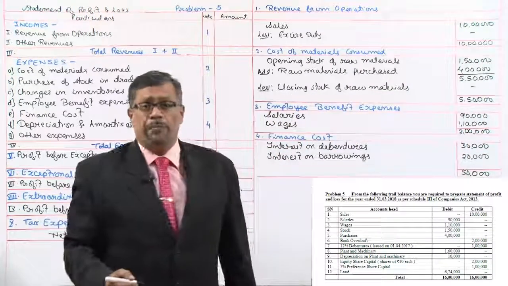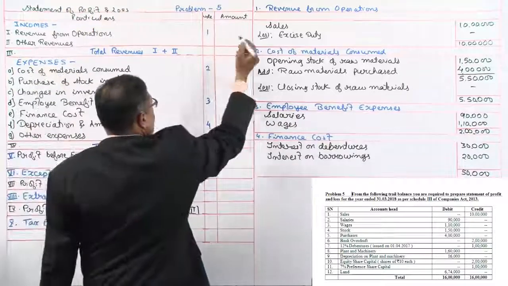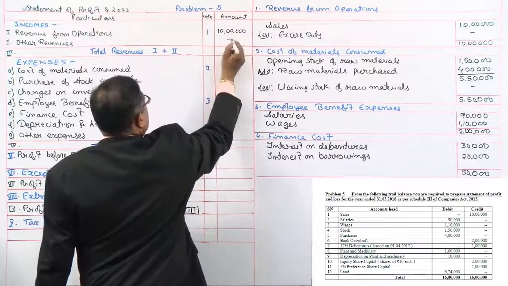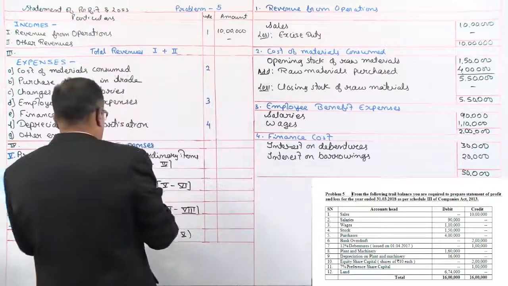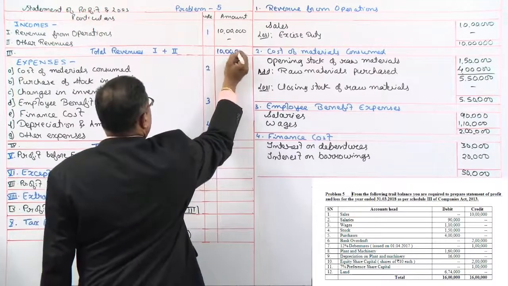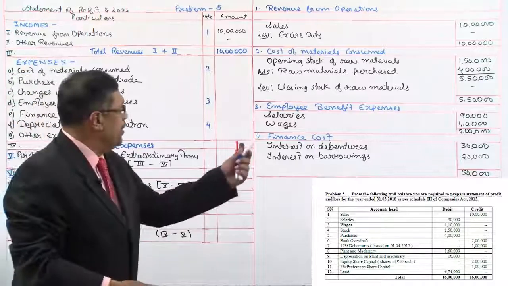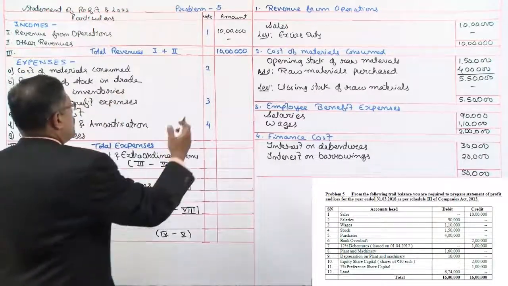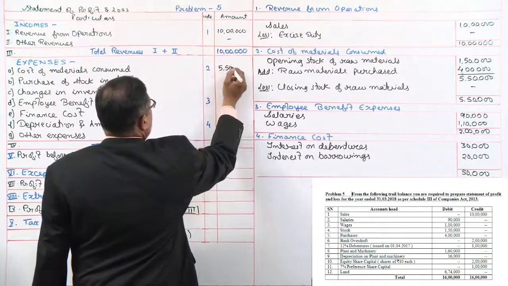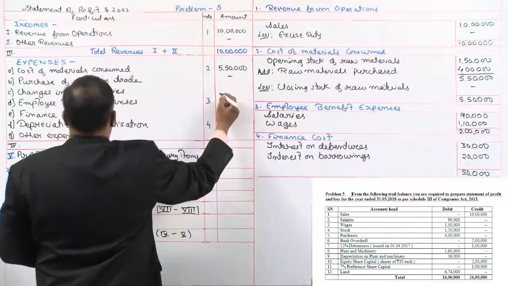Now see how to complete the statement showing profit and loss. Revenue from operations as per note 1, 10 lakh. We don't have any other incomes. So our total revenue, 1 plus 2, is 10 lakh rupees. Once we finish this, enter the rest. Cost of materials consumed as per note number 2 is 5,50,000. Purchase of stock in trade is not there.